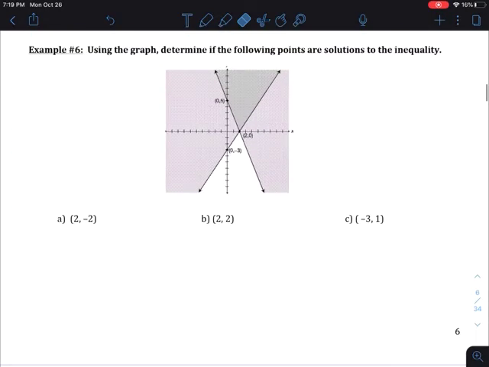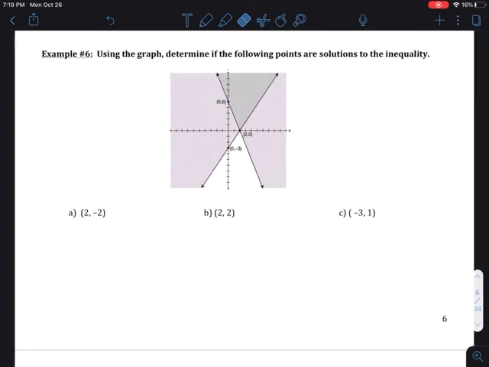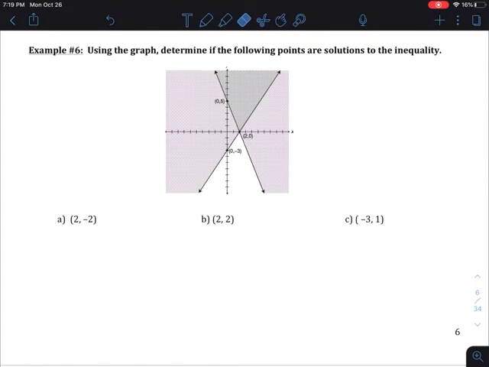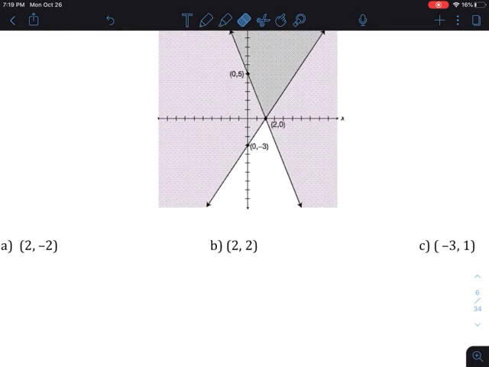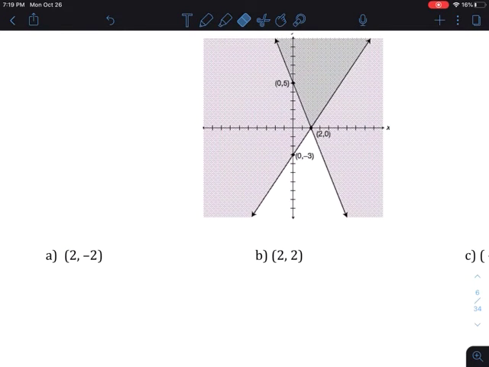Okay, example 6, using the graph, determine if the following points are solutions to the inequality. Well, I've been going through this the whole time, so this is just a little bit more practice. It says determine if they're solutions. That's just a yes or no answer. So in A, it's 2, negative 2. Let's see, 2, negative 2 would be right here.